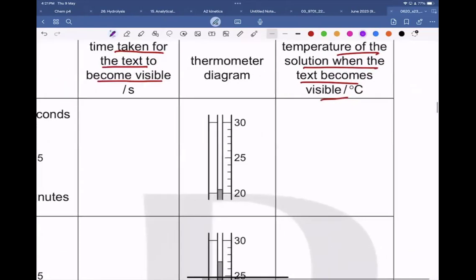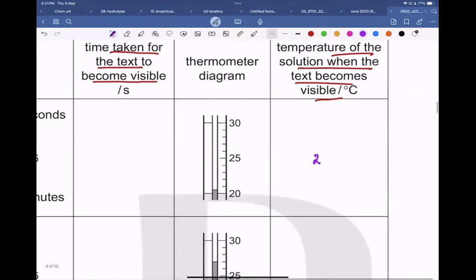So if you see the temperature over here, it's 21, 22, 23. So it's between 20 and 21, so it is going to be 20.5.